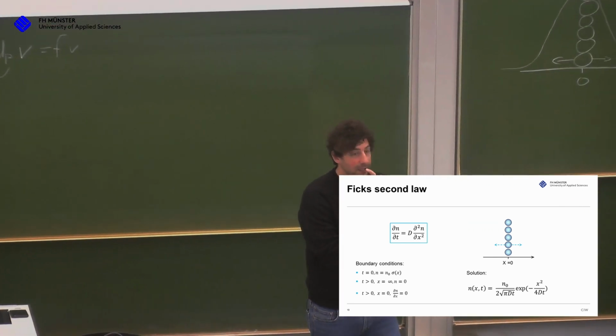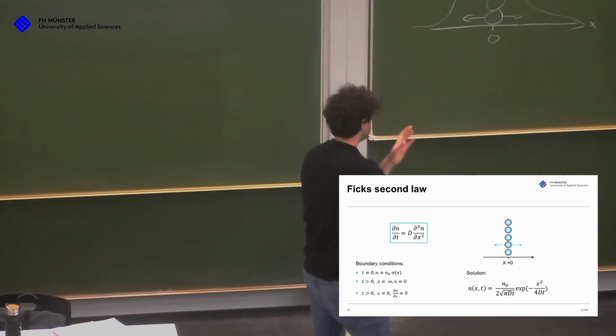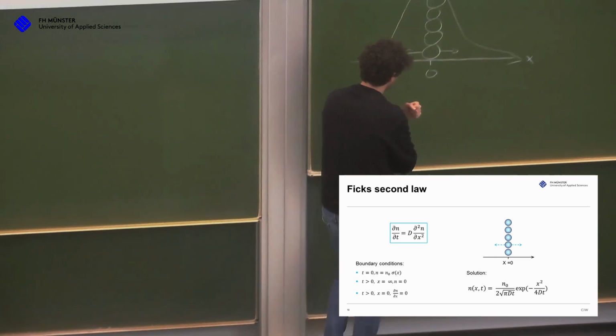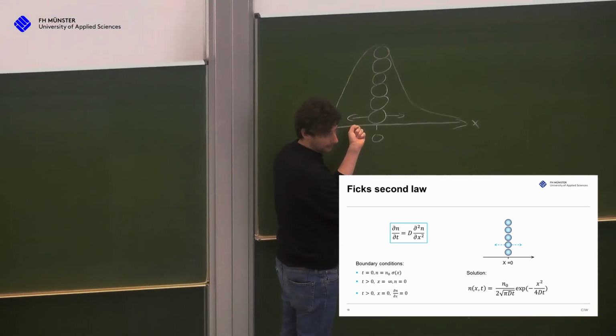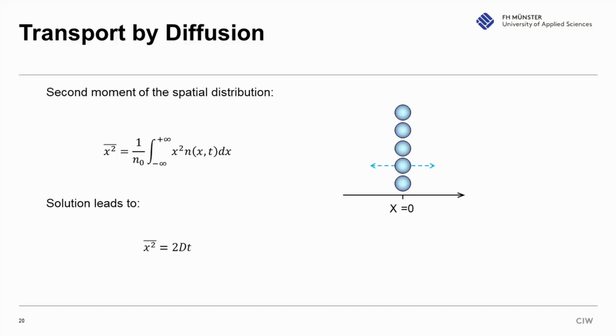Does anybody have an idea how we can get rid mathematically of the minus part? Yeah. We can square it. When we square it, they will not cancel out. If we square something, the minus will go away, and this is basically what you can do, and this is called the second moment of the spatial distribution.